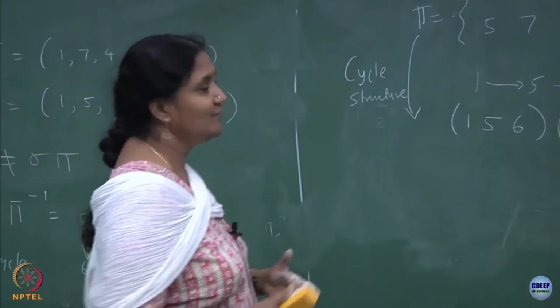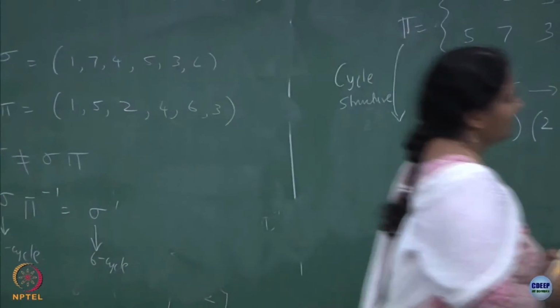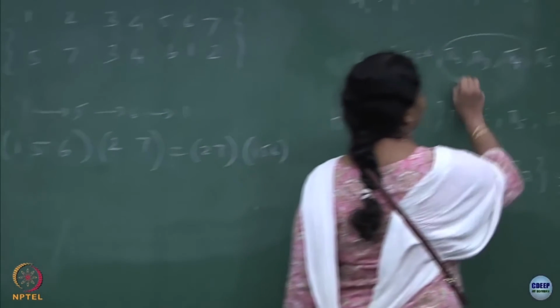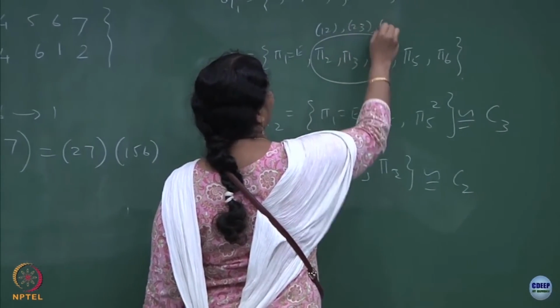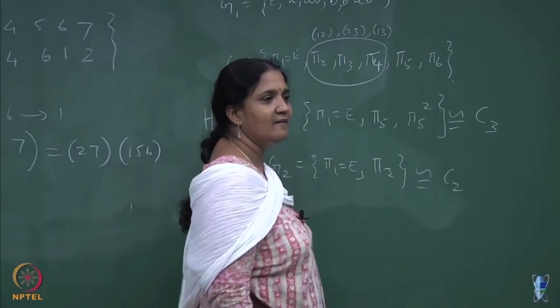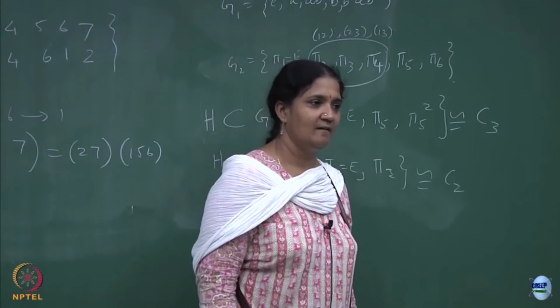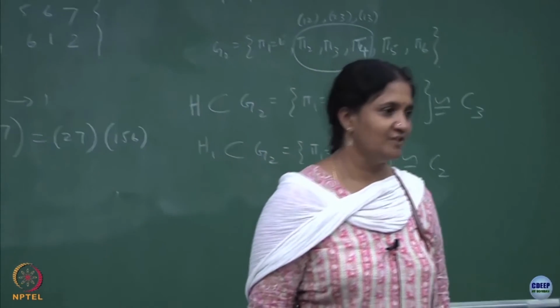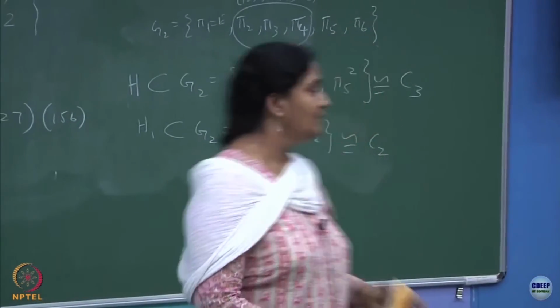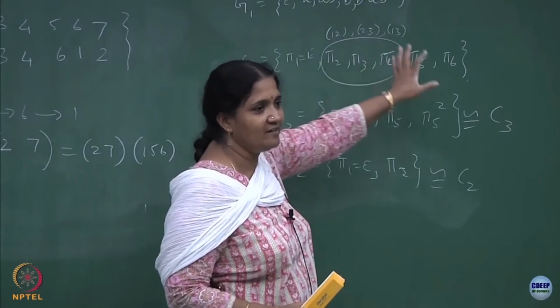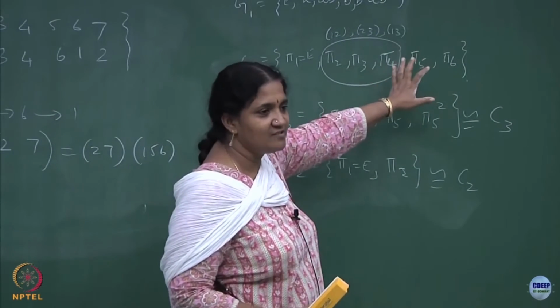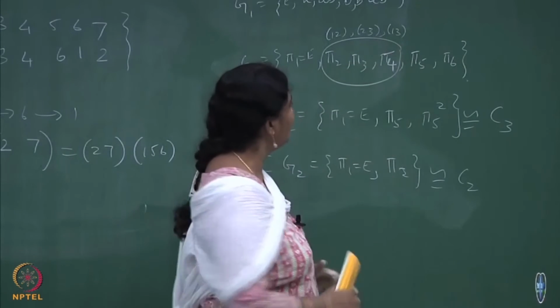So, that tells you that these 3 which are 1 2, 2 3 and 1 3 belong to a conjugacy class, because all the 3 will have a 2 cycle structure. The elements are different, but they have a cycle structure which is 2 cycle structure.